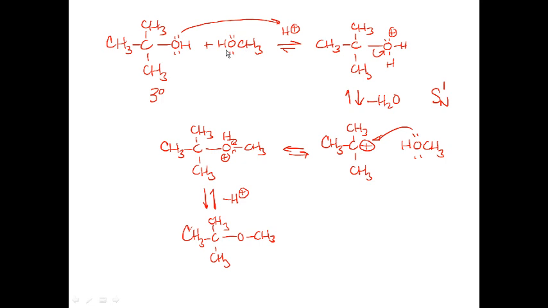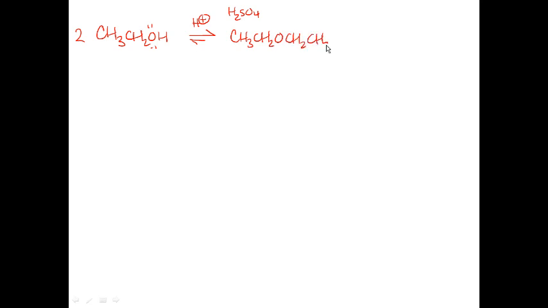This is actually a very easy method to form diethyl ether. If you took just ethyl alcohol, two molecules of this, and you reacted it with H+, which would most likely come from sulfuric acid as your catalyst, you could end up forming a diethyl ether molecule and water.